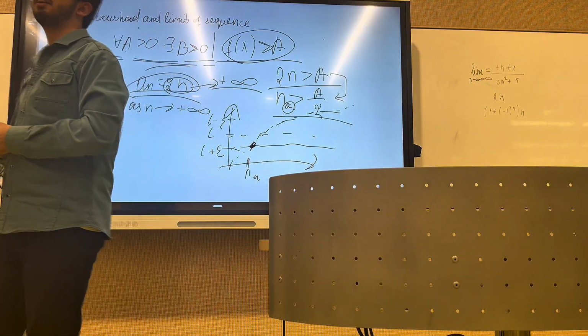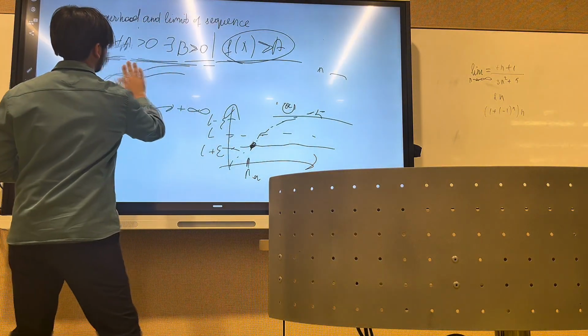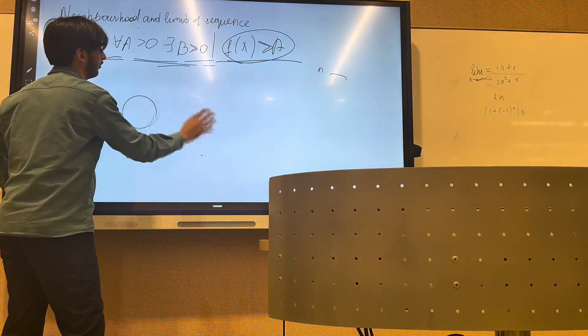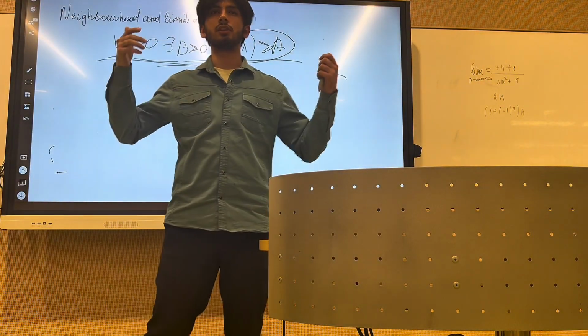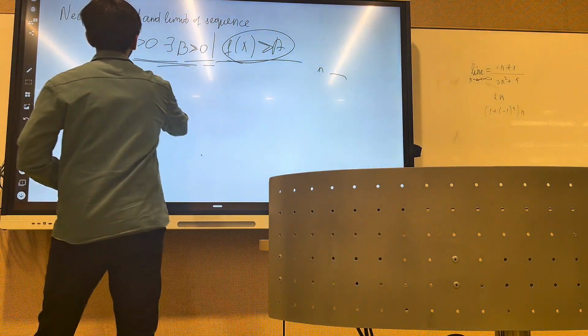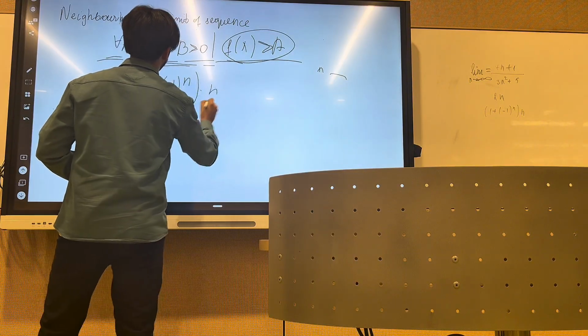So as I said, we also have situations with indeterminate forms. What's an indeterminate form? It's neither convergence nor divergence, none of them. We have an example: 1 plus 1 over n, to the power n.